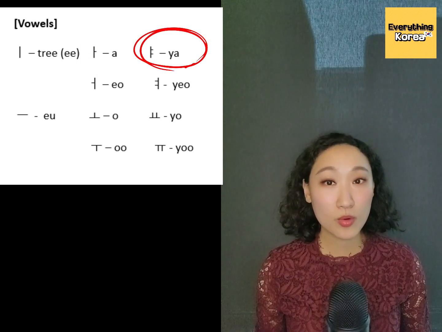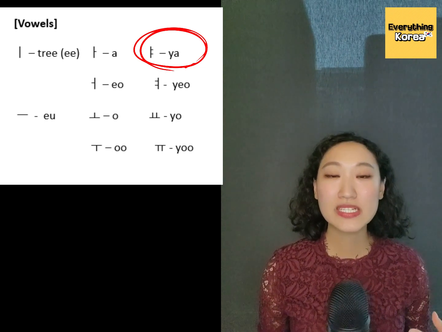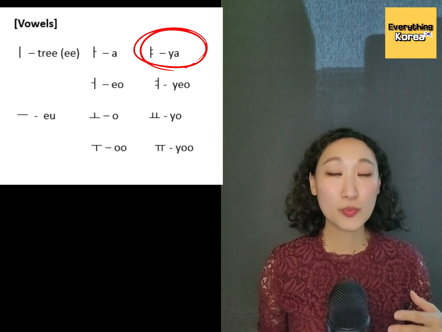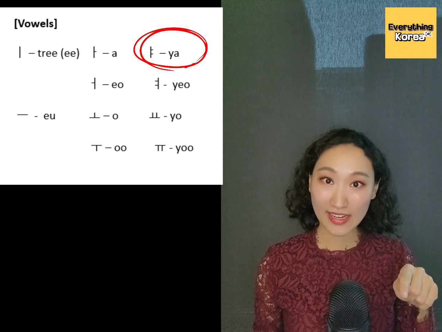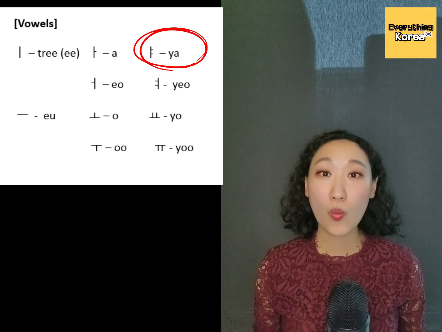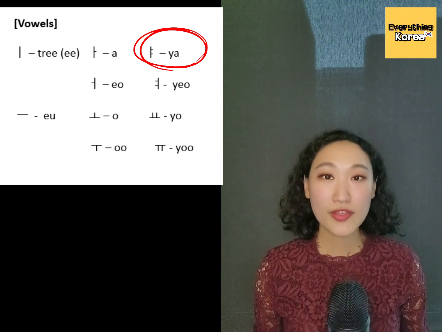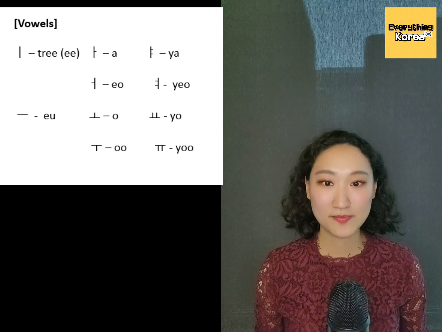Then add one more line, making double lines. Sounds ya. So put Y in front of A. So remember, when we have double lines, it comes with Y sound.